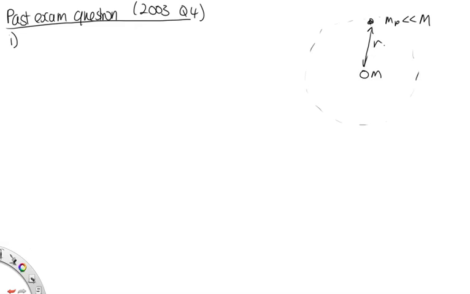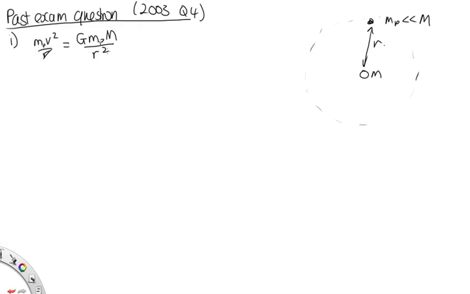And so that force has got to be equal to the resultant circular motion force. So the circular motion force is given by mv squared on r, and this is equal to the gravitational force, which is G little m, where little m is the mass of the proton, so let's give that a subscript p, times the mass of the black hole over the radius squared.